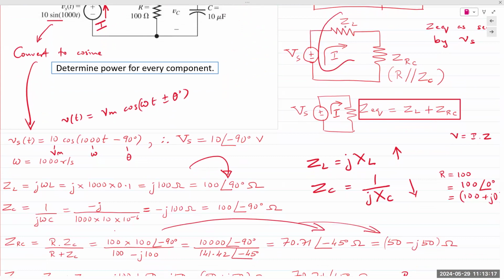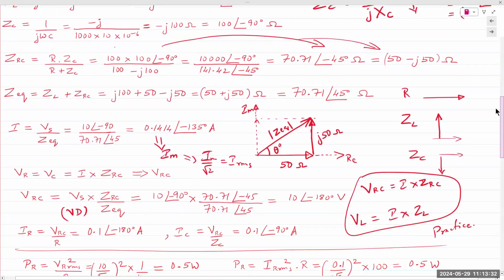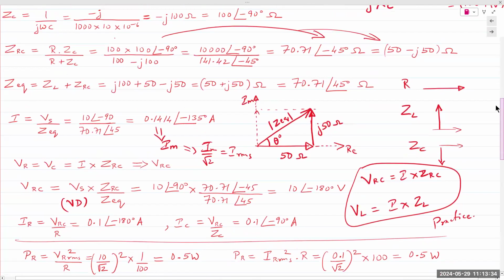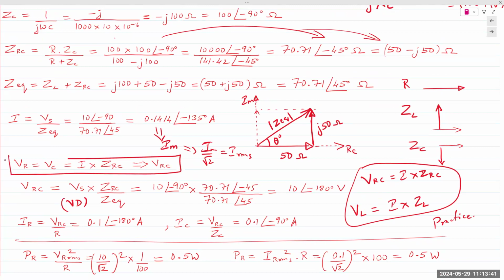If you have I, that I flows through both the inductor as well as the parallel combination of the resistor and the capacitor. So if you apply Ohm's law, you can find voltage across the inductor and you can find voltage across the capacitor and resistor ZRC, which is this equation right here. VR is the same as VC.